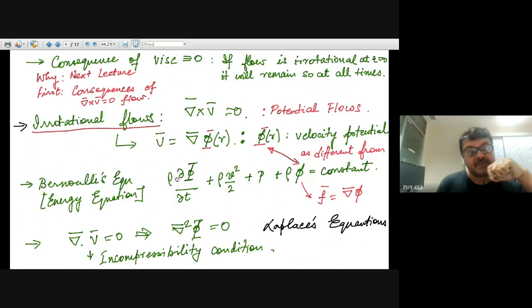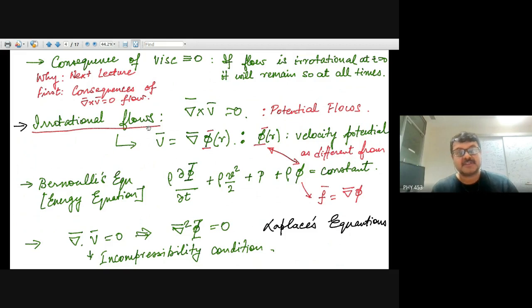In today's continuation of the lecture, we are going to mainly see the consequences, the kinds of flow fields and calculations where the effects of viscosity are equivalent to zero. As you have seen previously, if a flow field is irrotational at time t equal to zero for the Euler equation, it will remain so at all times, because vorticity is a consequence of viscosity.